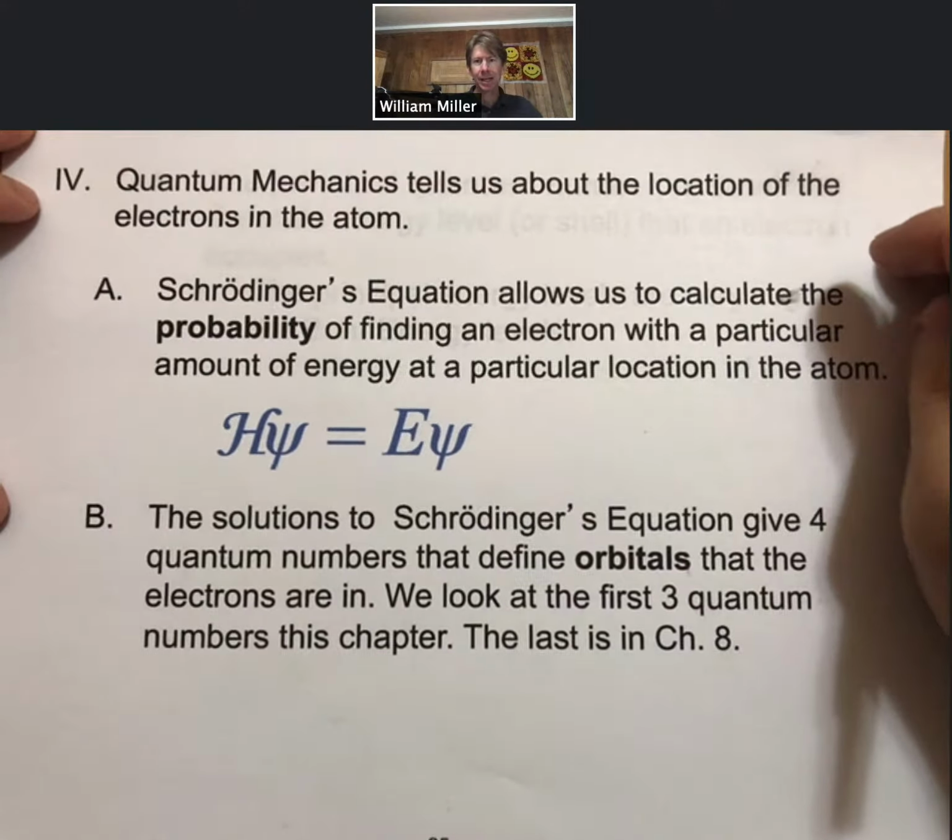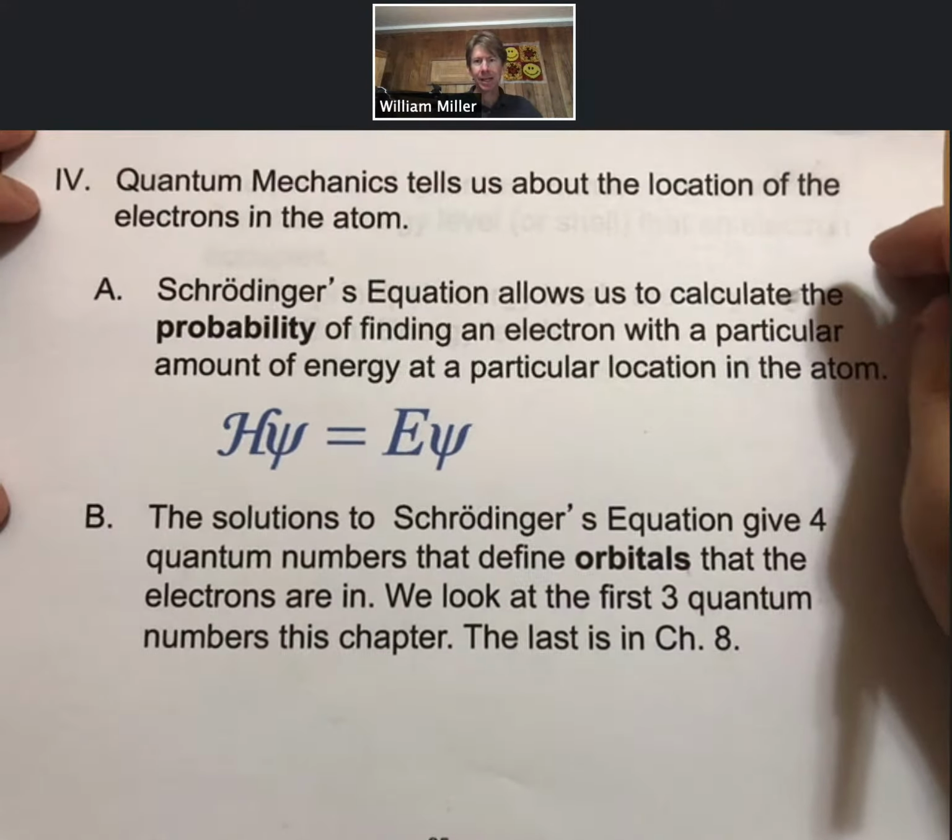Now, the solutions to Schrodinger's equation, which are in terms of solutions for psi, the electron probability wave function, lead to or define orbitals, or give 4 quantum numbers that define orbitals that the electrons are in. We look at the first 3 quantum numbers this chapter, and we look at the last quantum number in the next chapter or lecture outline.